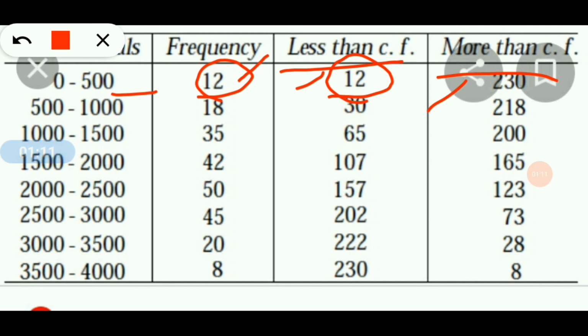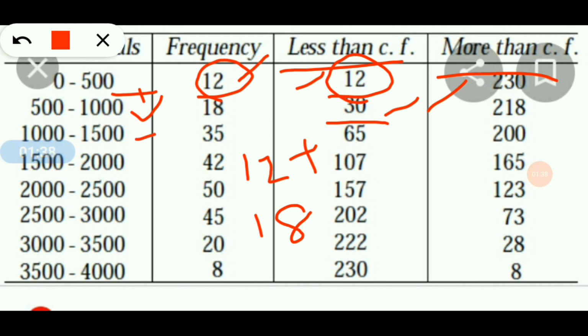Clear? Now going to the second class interval, 500 to 1000. The less than cumulative frequency for the second class is 30: the previous cumulative frequency 12 plus the present class frequency 18, which equals 30.